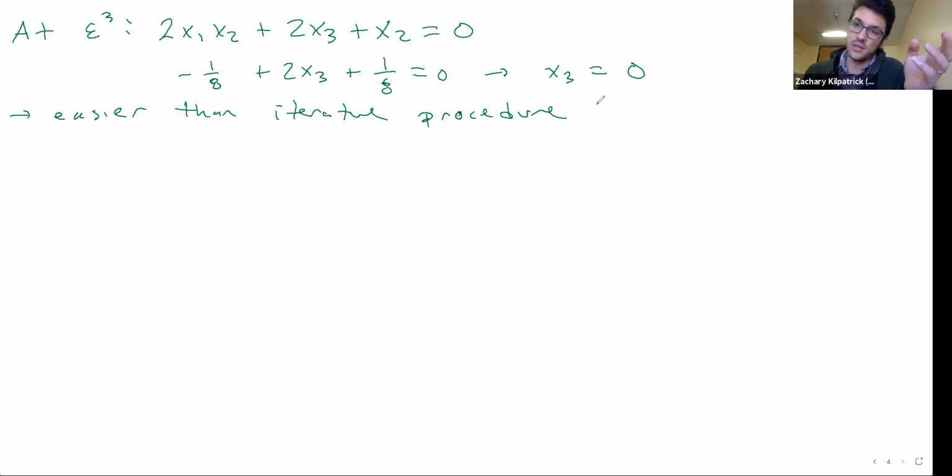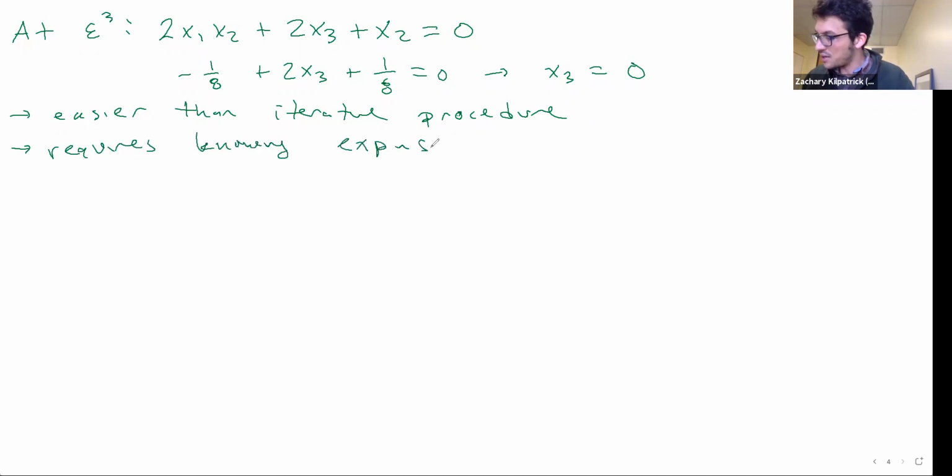And in fact, this is sort of easily automatable. You could even write a code to do this, and there are. But note that it requires knowing the expansion in epsilon. And you might say, well, just do that every time, a power series in epsilon. How can that go wrong?